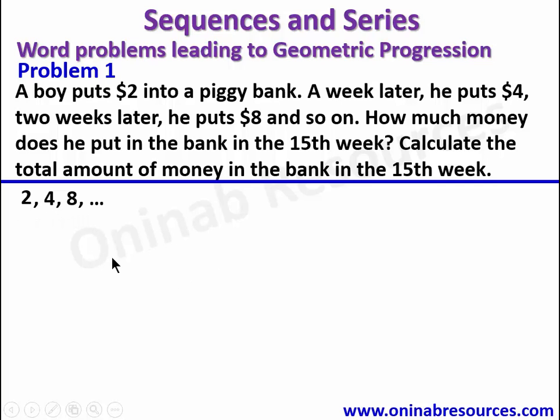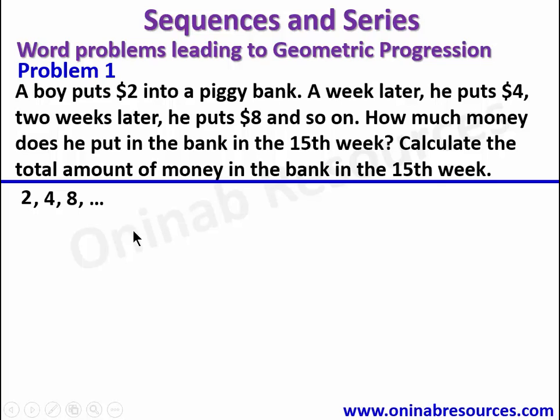This is forming a geometric progression since 4 divided by 2 gives 2, 8 divided by 4 gives 2. But if you are going to look at it as an arithmetic progression, 4 minus 2 gives 2, but 8 minus 4 does not give 2.